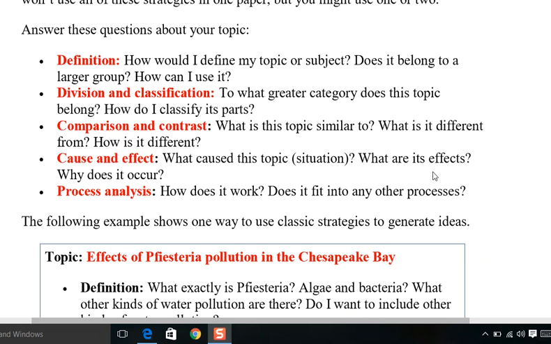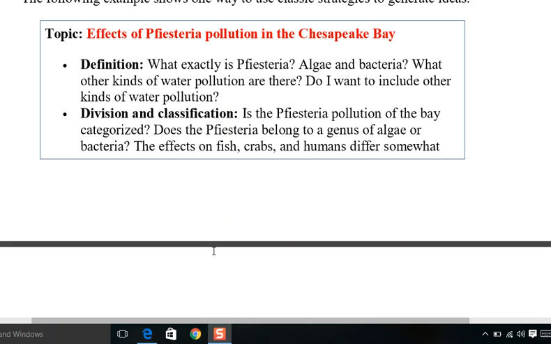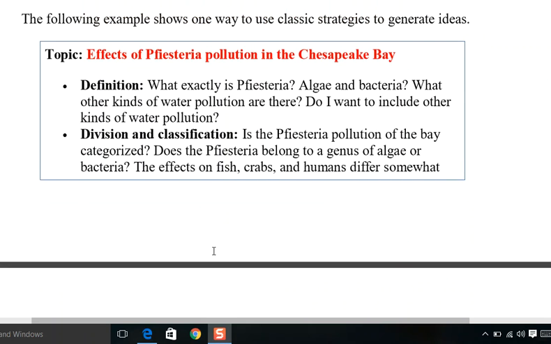What are its effects? Why does it occur? Process analysis: How does it work? Does it fit into any other process? Clear? And here is the following example: effects of Pfiesteria pollution in Chesapeake Bay.